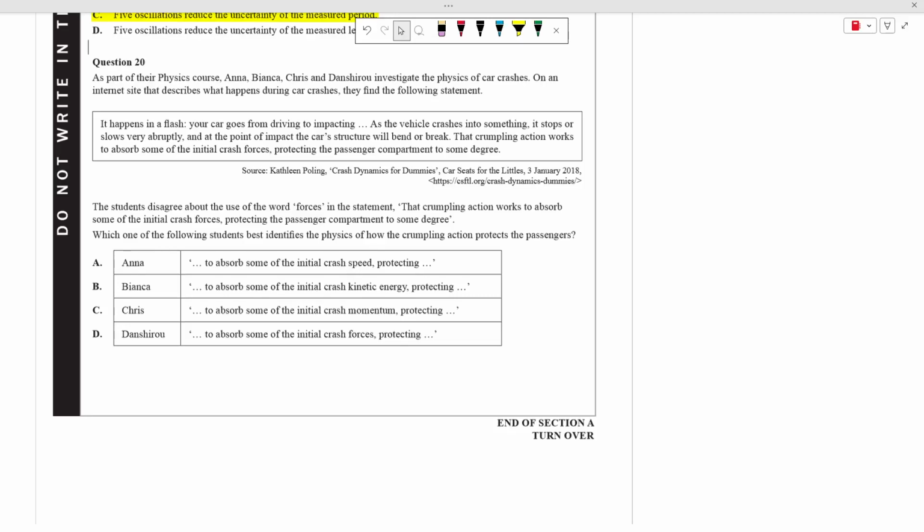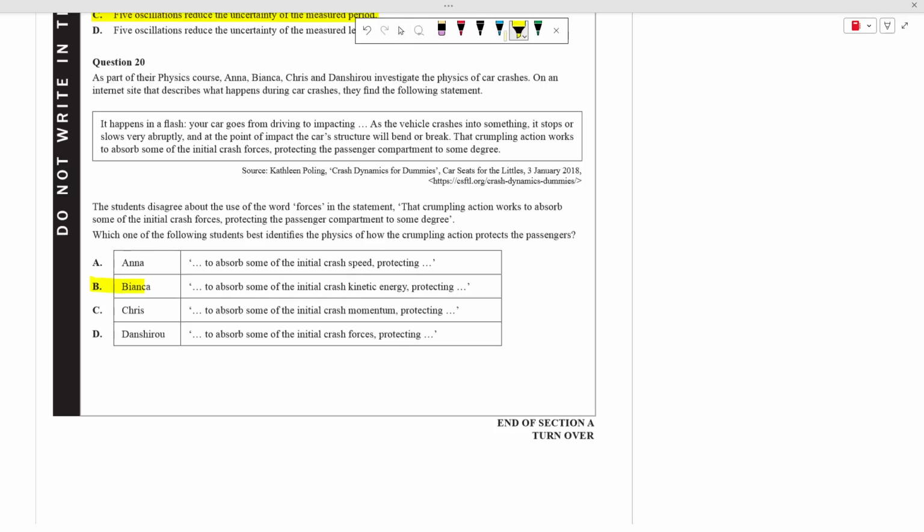So the crumpling action basically takes some of the kinetic energy away from the crash, and it reduces the amount of kinetic energy which is then transferred into the occupants of the car. So I'd go with option B here.